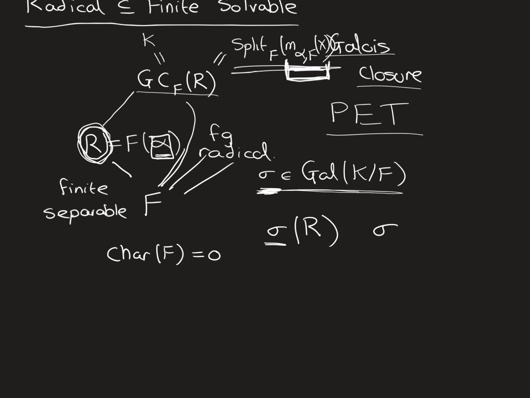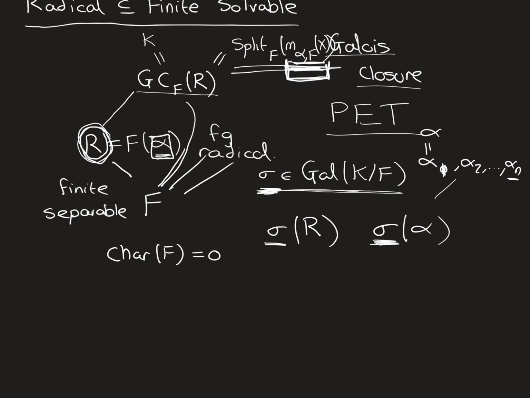So, if I look at where alpha is being mapped to by all of the elements of the Galois group, it's going to be mapped onto loads of other things that are the other roots of this polynomial. If we call alpha's Galois conjugates, let alpha equal alpha 1, and then you'll have alpha 2 all the way up to alpha n, let's say, where n is the degree of its minimal polynomial. So you have these other roots of the minimal polynomial, its Galois conjugates, and if you go over all of the elements of the Galois group, you're going to have to hit all of these.